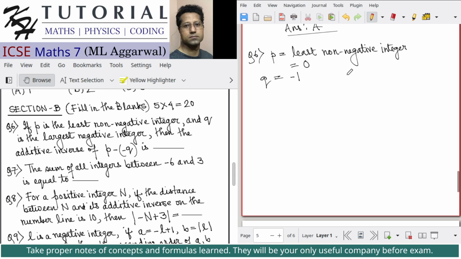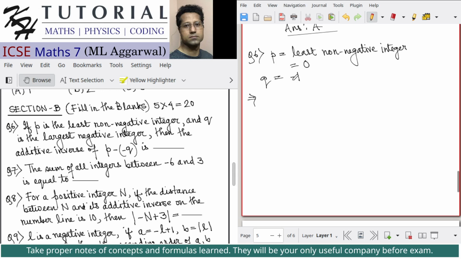So definitely the largest negative integer is -1. So we now know that P is 0 and Q is -1. It is asking what will be the additive inverse of P minus Q.